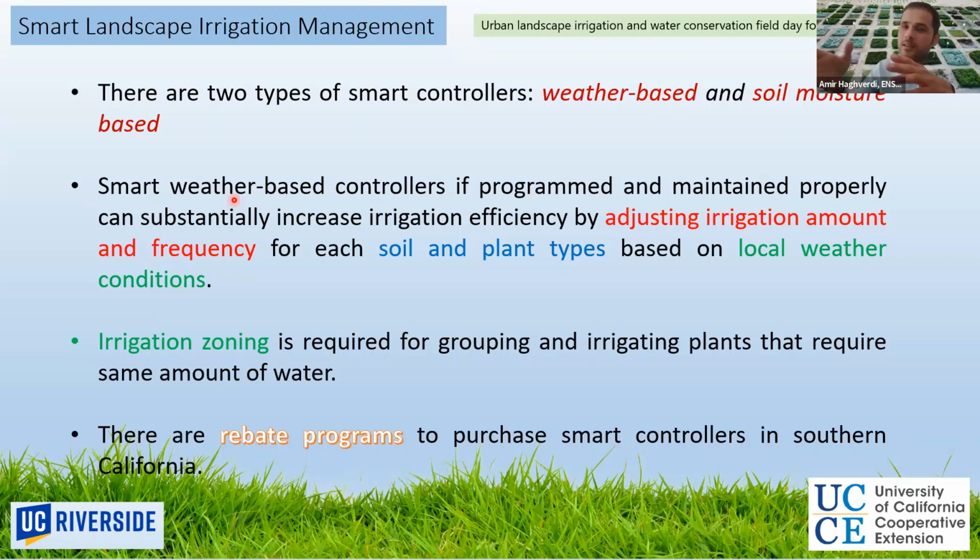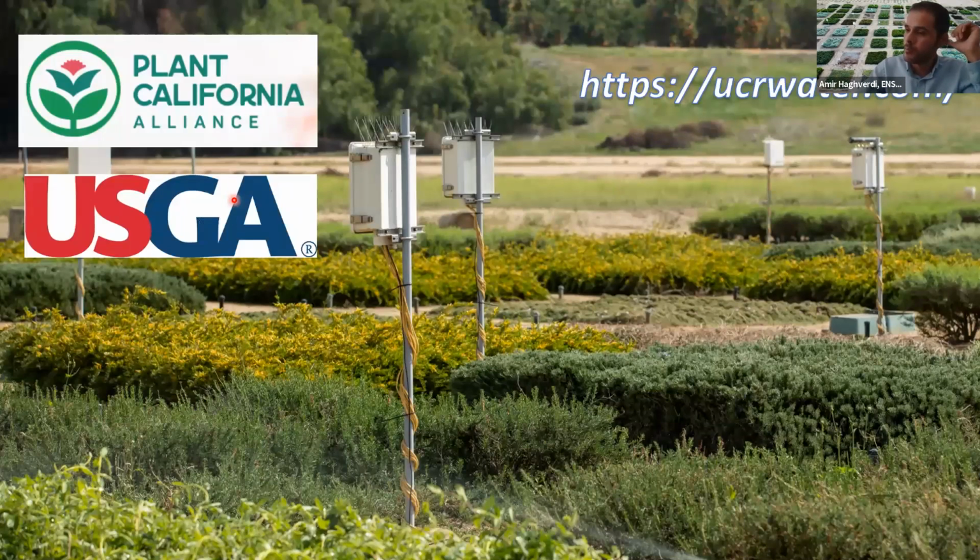And another thing that I put in the last slide, there are rebate programs right now in Southern California. So if people are hesitant because they think these are expensive, the rebate programs usually cover most of the cost of the controllers, if not completely. So thank you very much.